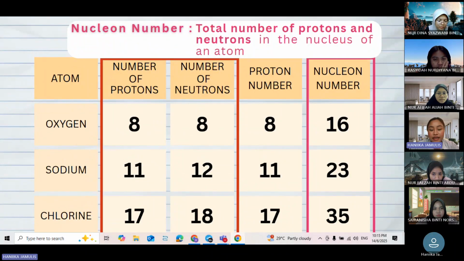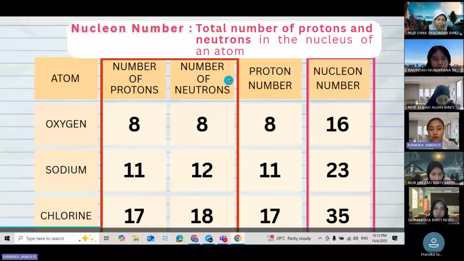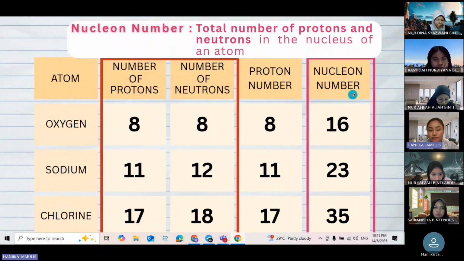Next, the second thing that we can see from this table is the number of neutrons and nucleon number. Based on this definition, nucleon number is the total number of protons and neutrons in the nucleus of an atom.